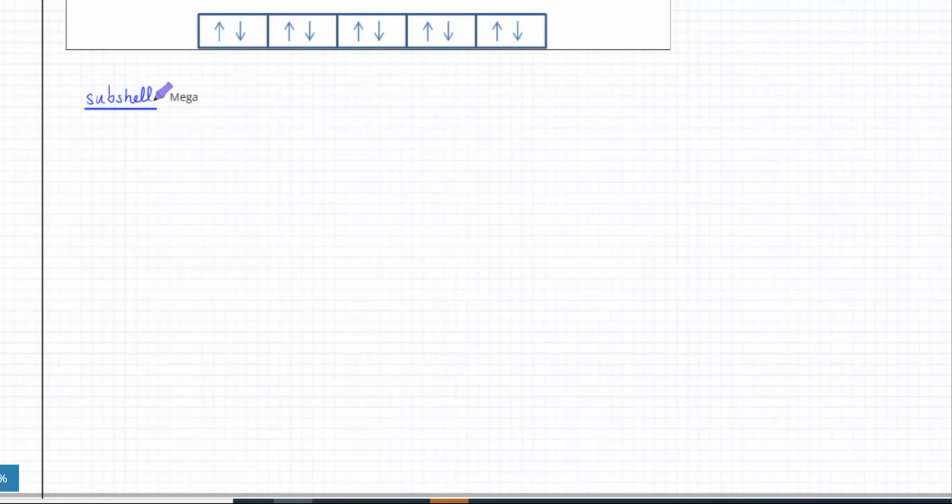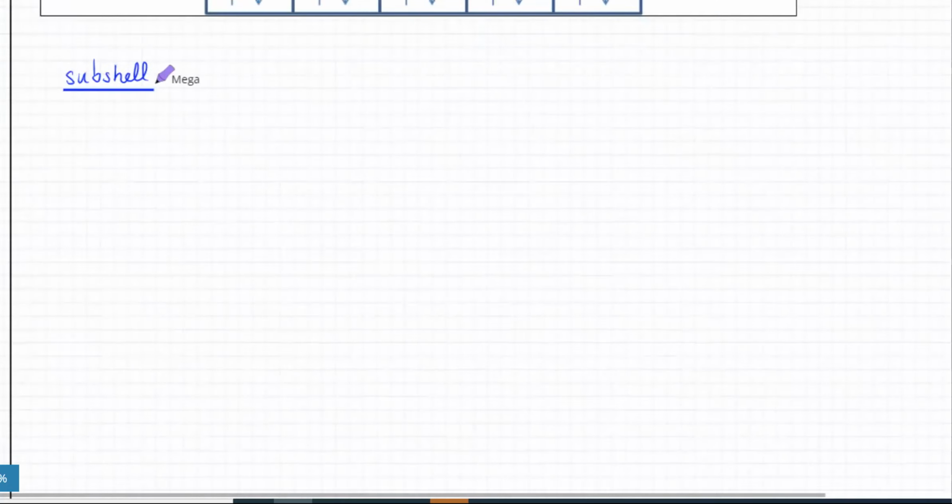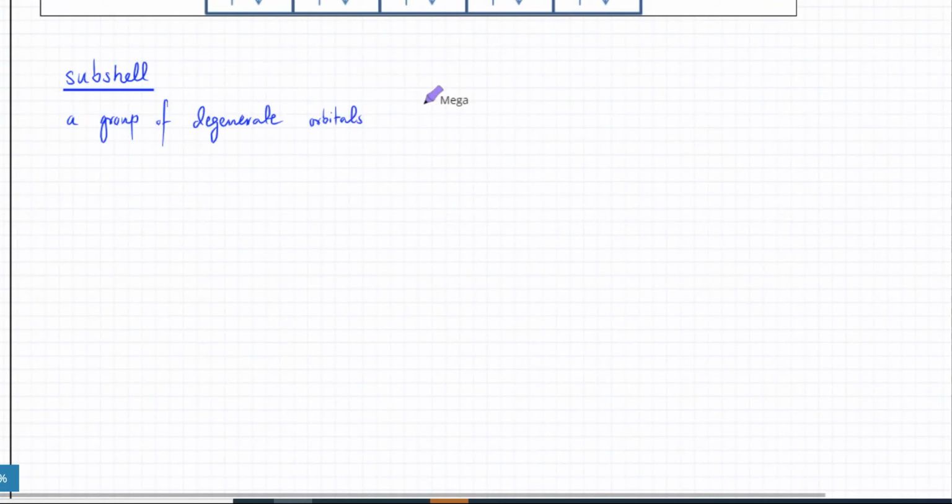A subshell is basically a group of degenerate orbitals. When they use the term degenerate, that means same type, identical, same energy level.